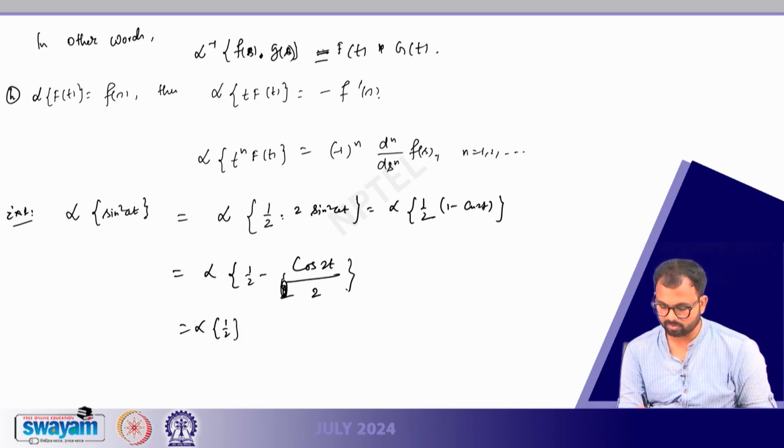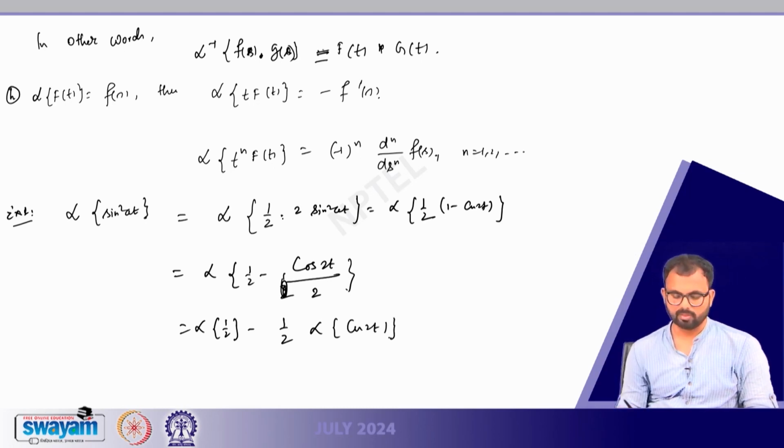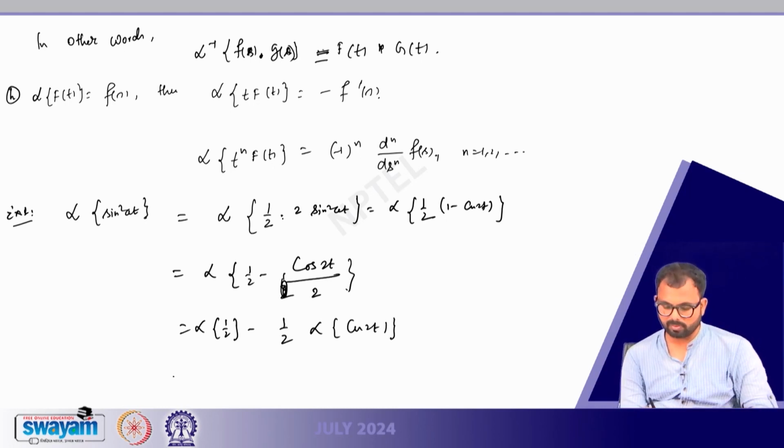So, 1 by 2 is a constant, and then 1 by 2 out, the Laplace transform of cos of 2t.